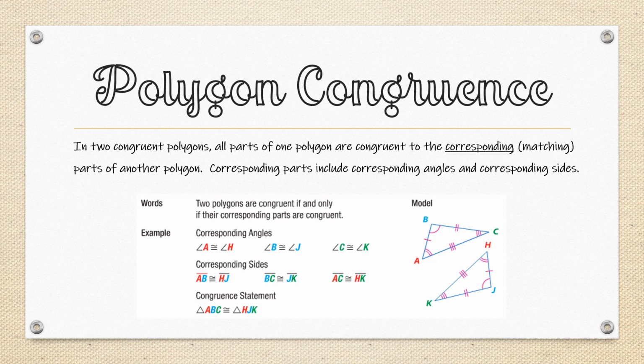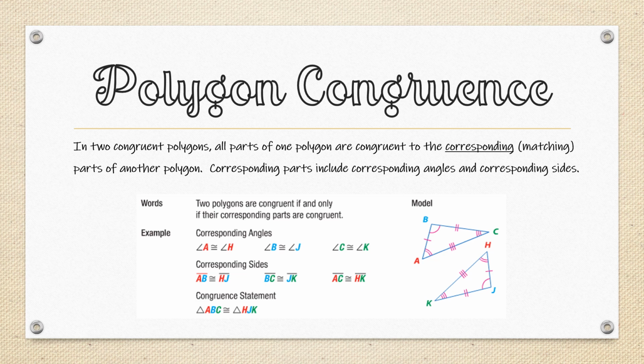Angle B has one arc, and J also has that same one arc. So angle B and J are congruent to one another. And finally, angle C has three little pink marks, and so does K. So that means C and K are congruent. So we know all of the corresponding angles are congruent.